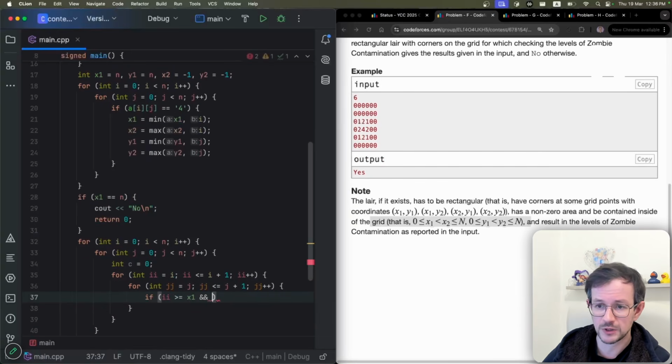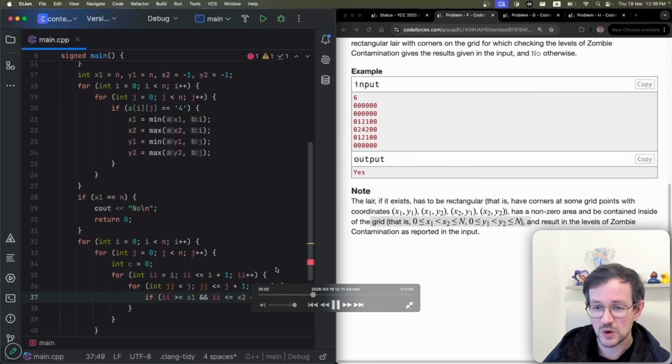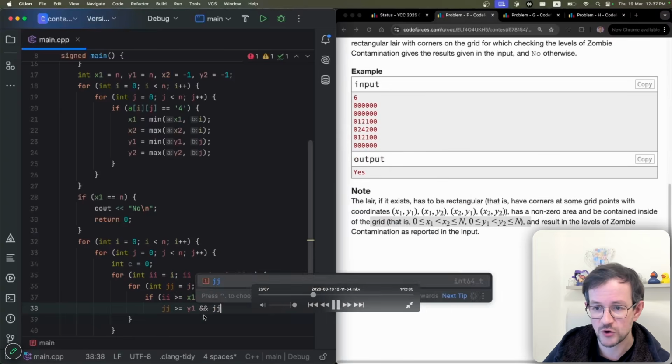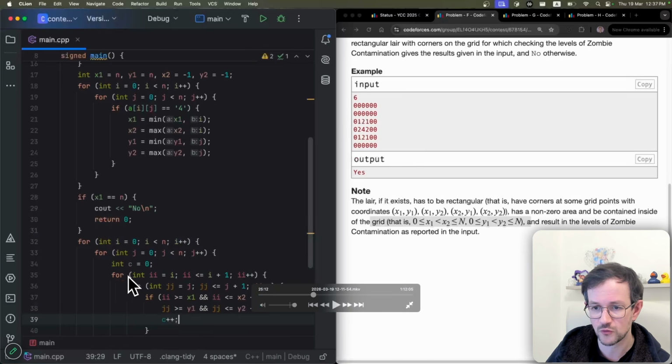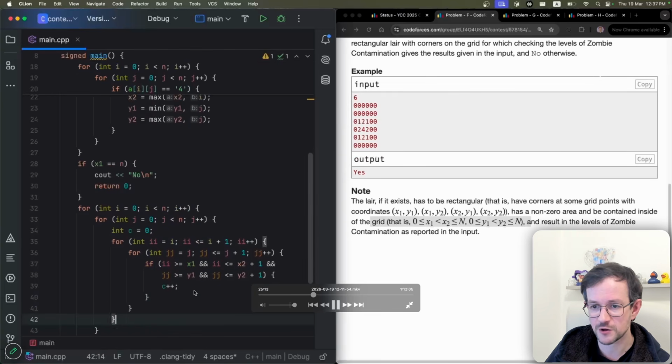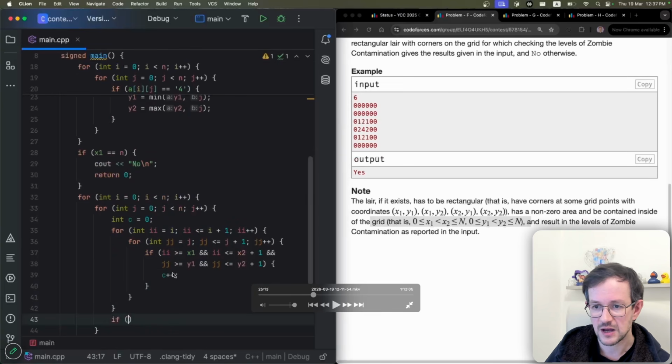So basically I do it like explained here. I take all the cells. Then for each cell, I check all four corners. So these two for loops, you see, they check all four corners. And if the corner is inside, I increase the counter. So this counter counts how many corners of this square are inside the rectangle.